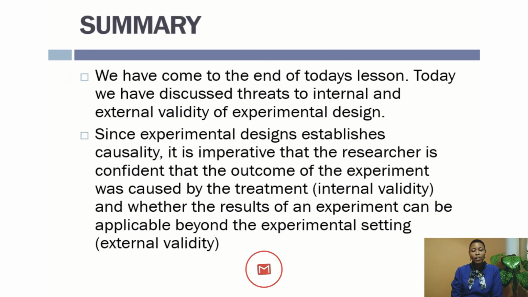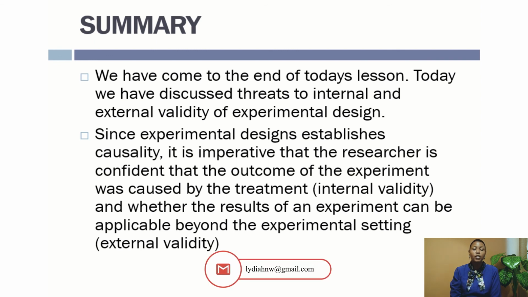With that, we have come to the end of today's lesson. Today we have discussed threats to internal and external validity of experimental design. Why have we discussed these threats? It is because experimental designs are unique, since they are the only ones that establish causality.